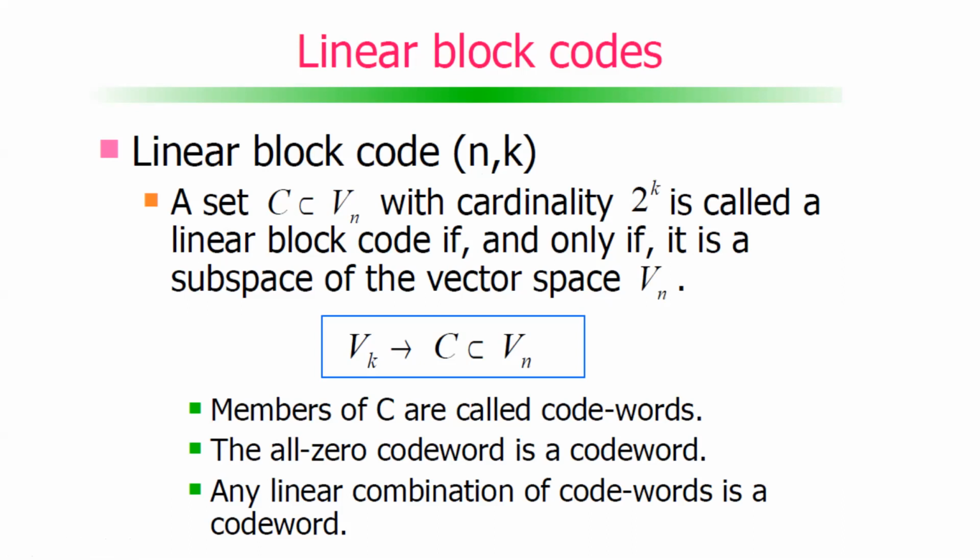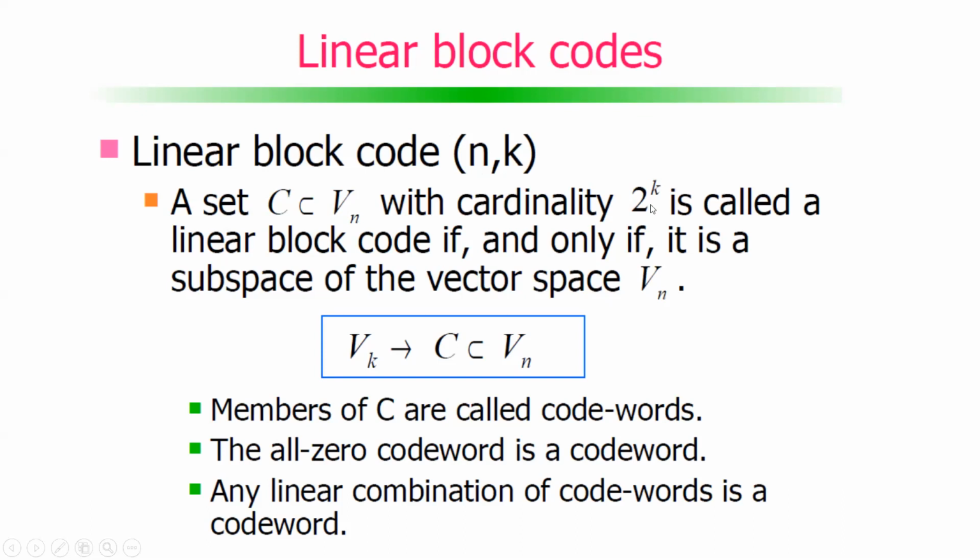So from the output combinations, I have to select only 4. But which 4 do I need to select so that it becomes a subspace? I must include the all zeros vector. I must include those code words, the sum of which should also be there in the subspace. That condition is known as the closure property.